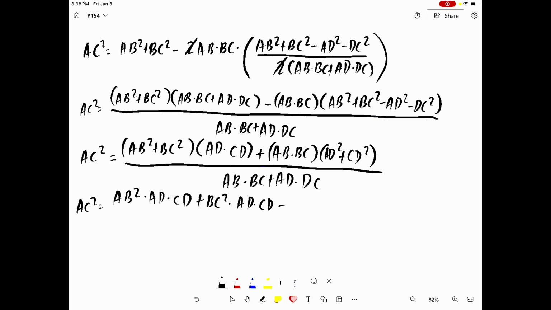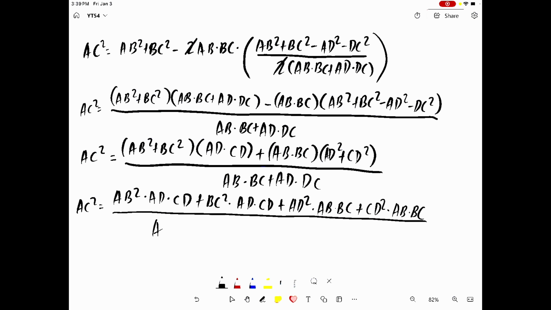That's my mistake, because if you just put negative, negative times negative is positive. AD times CD plus AD squared times AB times BC plus CD squared times AB times BC, and all of that divided by AB times BC plus AD times DC.